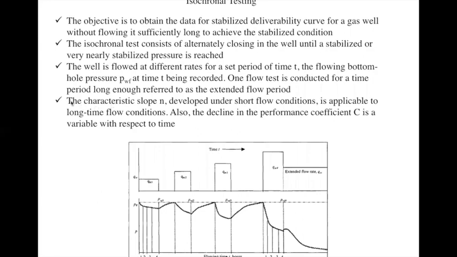Now, see the last point: the characteristic slope n developed under short flow condition is applicable to long flow condition. So n is the same for short flow condition and long flow condition, it will not change. However, suppose you take point number 1, which is a certain time of flow period, for a certain flow rate.